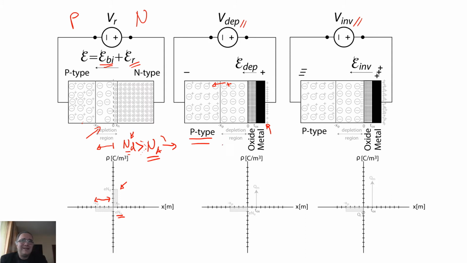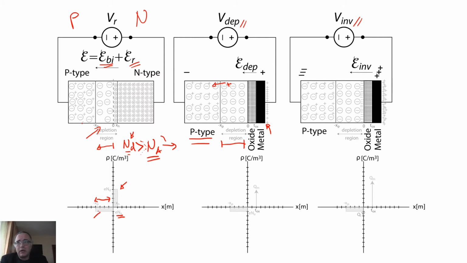So here in this region, negative space charge is present, and the region is depleted of holes, and the holes are the majority carriers in the p-type substrate. So this is then also a space charge region.